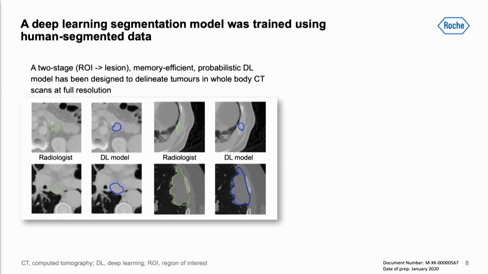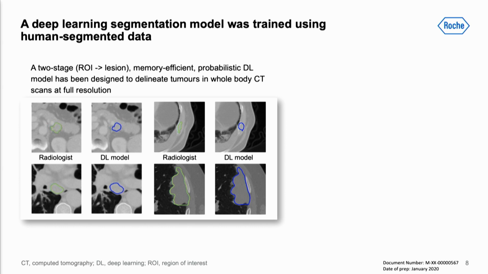In the first stage, we just find the ROIs, which are the most likely regions in the whole torso to have a tumor. And then in the second stage, each ROI is scanned by the second algorithm to find lesions inside the ROI. This way, it's much more memory efficient. This network is also interesting because it's a probabilistic network, which means that it can produce slightly different lesions every time you run it.